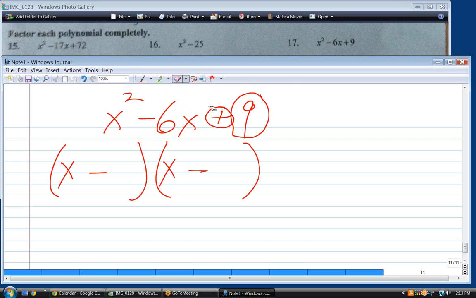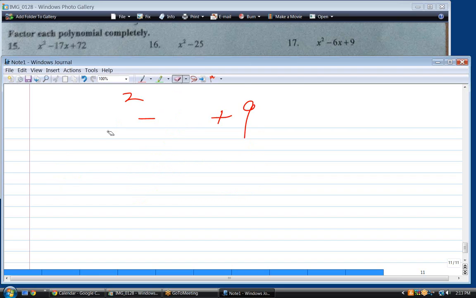It's that simple. Well, that's 3 and 3. And that is the way you're going to factor 90% of quadratics. Okay? Now, let's look at 16. Let me do one more here.